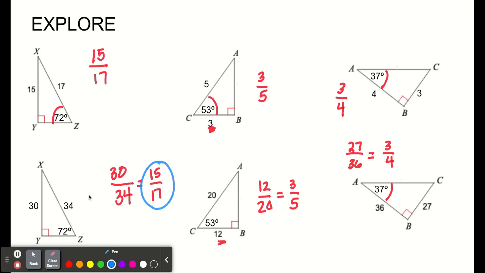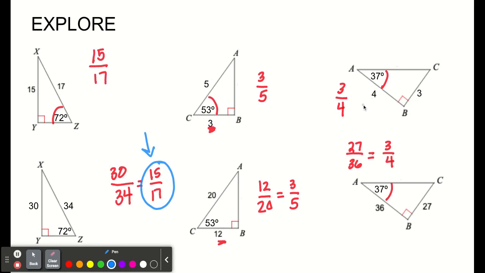It does not matter how large or how small your triangle is, that ratio will always simplify to equal 15 over 17. With this case here, the ratio of the side adjacent divided by the hypotenuse will always simplify to 3 over 5. And with this one here, the ratio of the side opposite divided by the adjacent will always simplify to 3 over 4. And this holds true for any triangle.